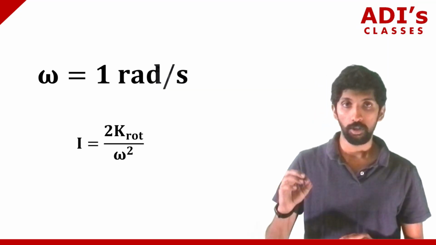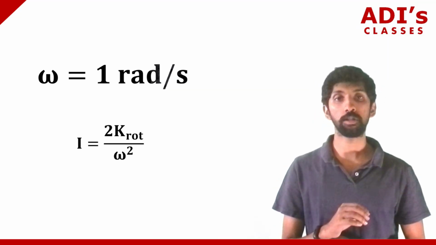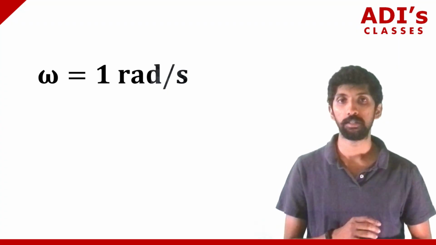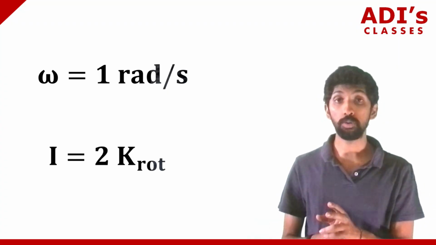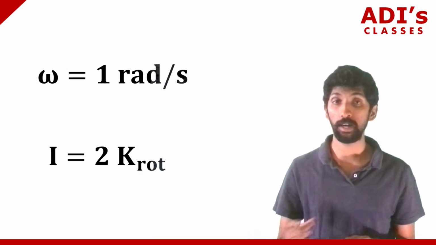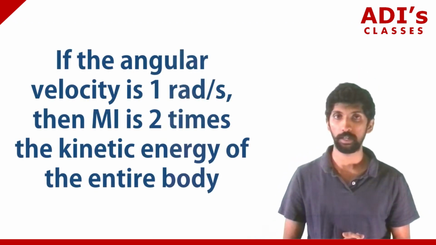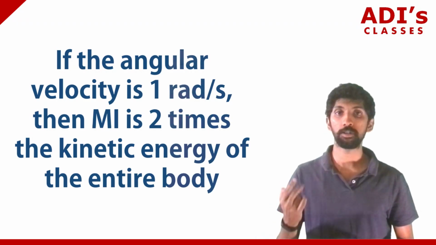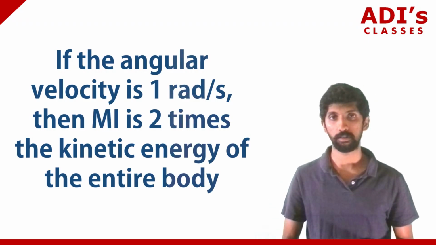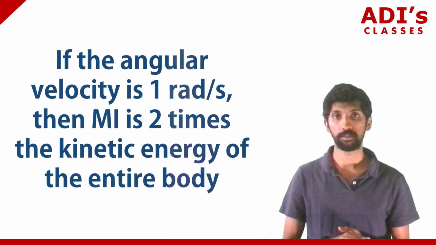Now using this we can also define the moment of inertia. If you transpose, we will get I equal to 2 times K rotational divided by omega square, correct? So if the omega value becomes 1, then I will be 2 times K rotational, or the kinetic energy of the rotating body.